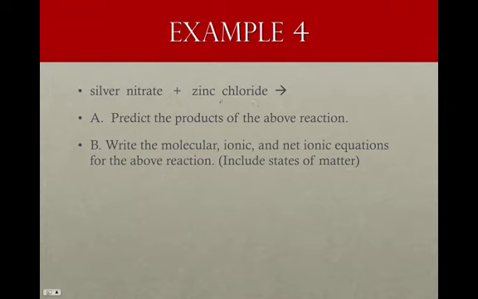And remember that in double replacement reactions, our cations switch places. So that means the silver pairs up with the chloride and the zinc pairs up with the nitrate. So that means we have silver chloride plus zinc nitrate.